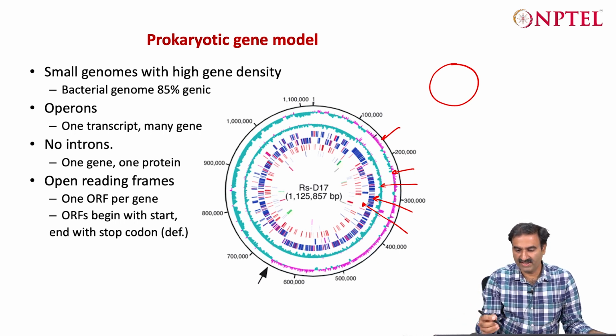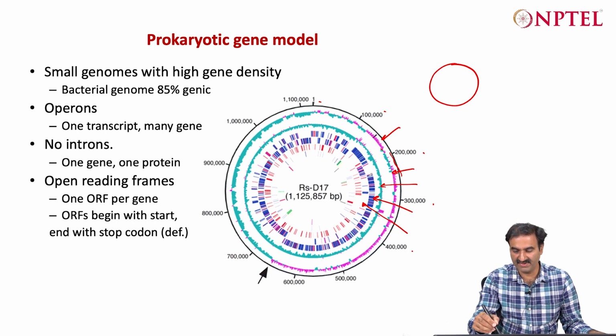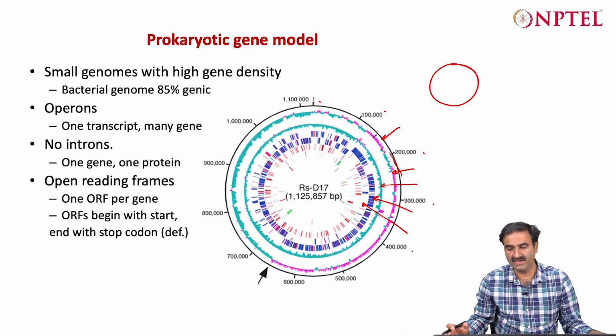And also you see that if these are the positions from 1 to 100,000, 200,000, 300,000, 400,000, the genes which are mapped here have very limited free space.